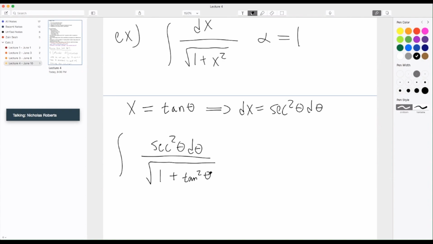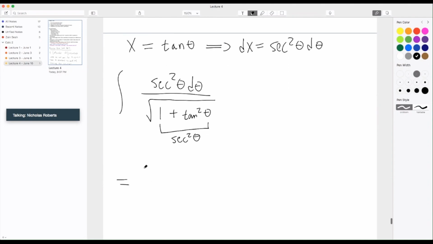I just rewrote our integral into theta. Now we notice that the radicand is actually secant squared theta by the identity: 1 plus tangent squared is equal to secant squared.